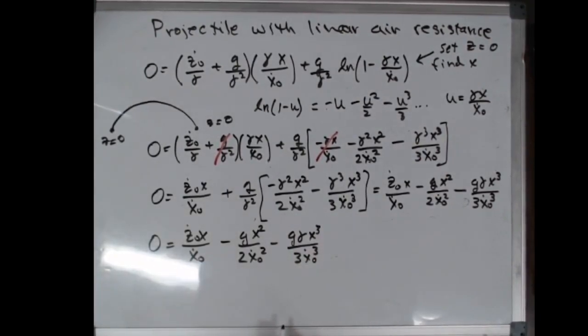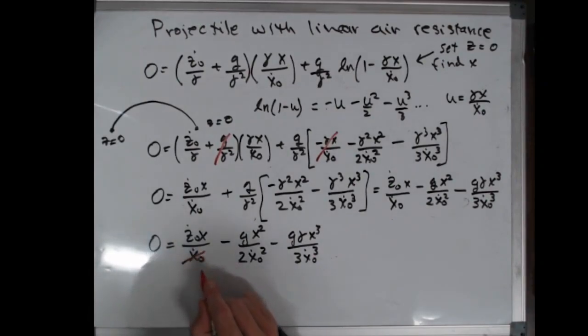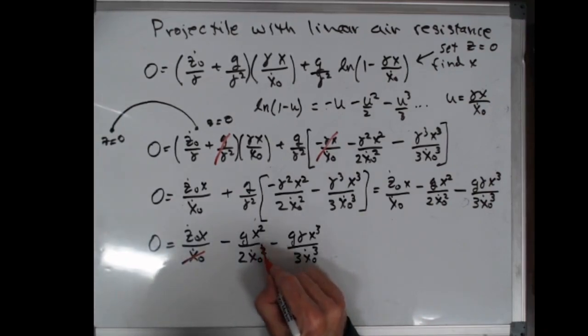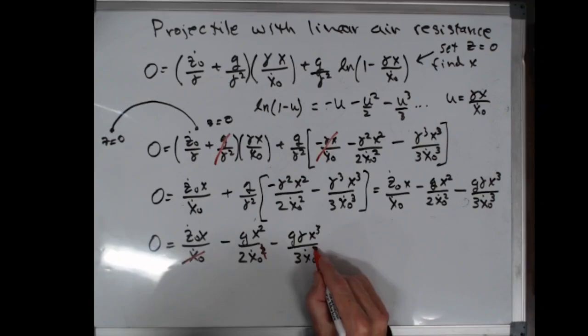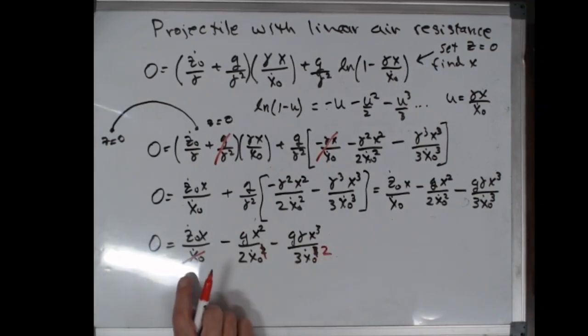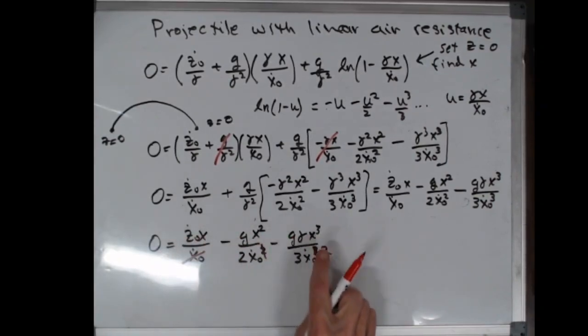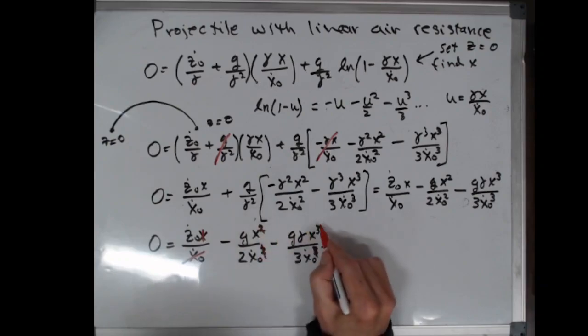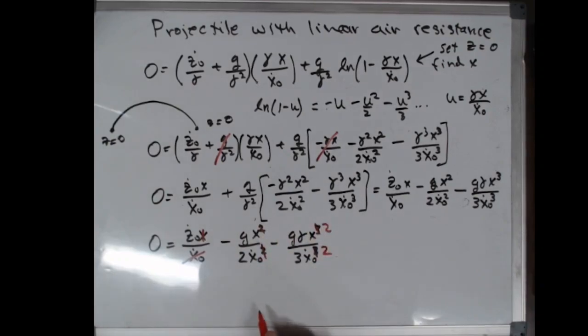And you'll notice a few things. First of all, I can cancel an x naught dot out of each denominator, assuming my initial x velocity isn't 0. If my x velocity is 0, it's not an interesting problem, because I'm looking for the maximum value that x gets to. And if it's got no x velocity, it doesn't go anywhere. So I can cancel that and make that a 1. I can cancel that and make that a 2. Right? I just multiplied everybody by x naught dot in the numerator. Similarly, I can cancel an x and an x and an x like that.